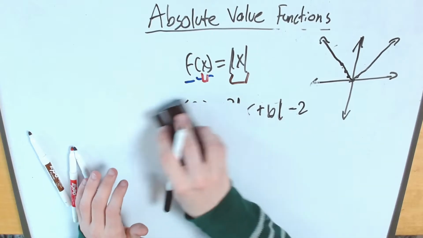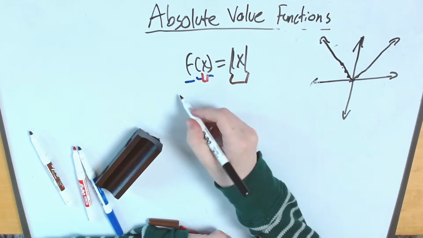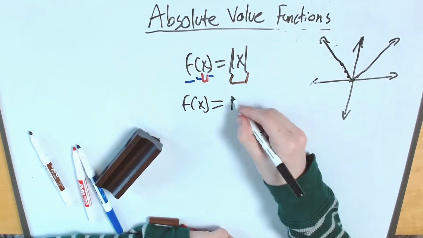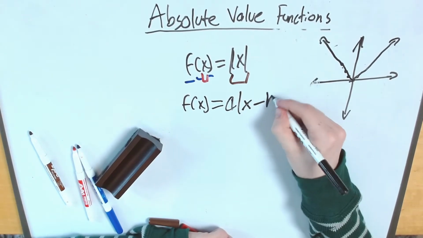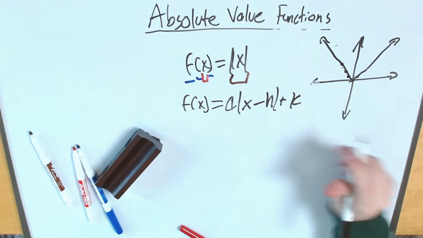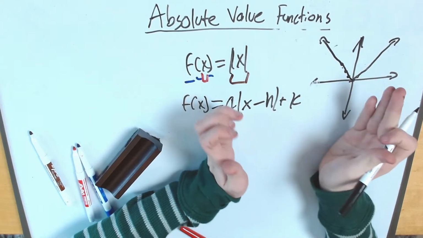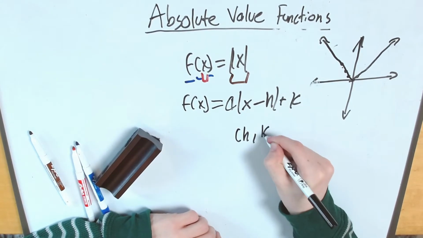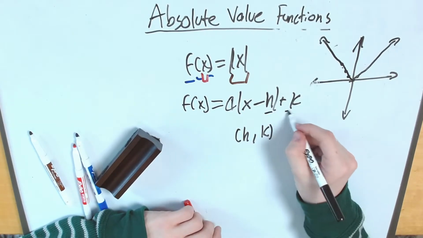So let's say we have a general absolute value function like this: some number a, times the absolute value of x minus some number h, plus k. Now, those two lines will touch at the point h, k.